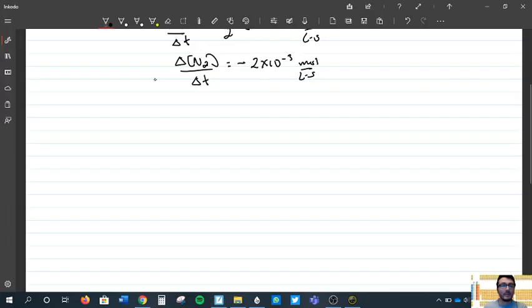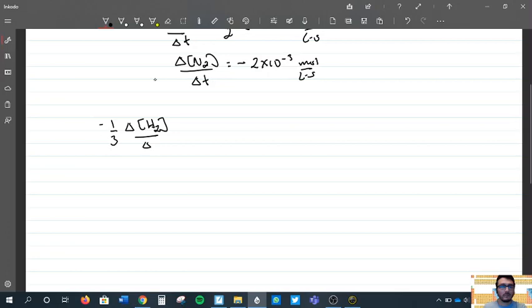We have 3, so that means negative 1 over 3 rate of change of hydrogen is equal to, okay, positive here, same coefficient, it's still a 2, and we know that it's for ammonia. Okay, we know this value.